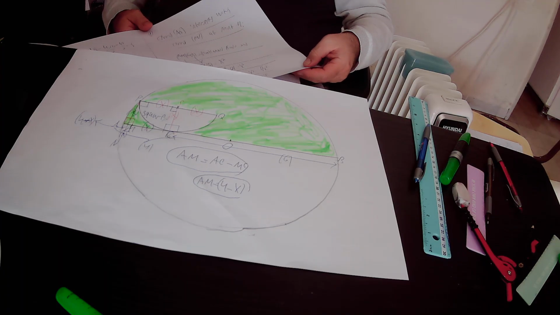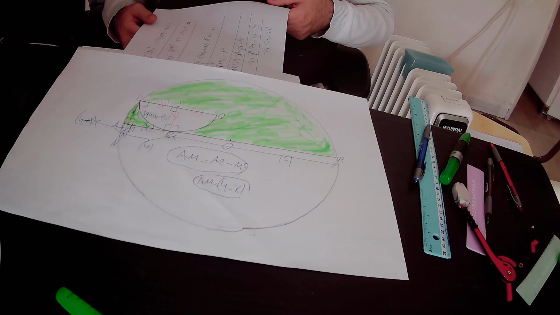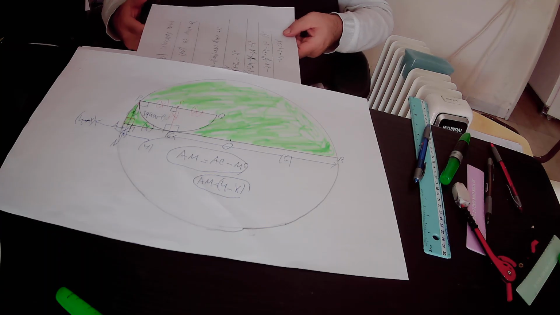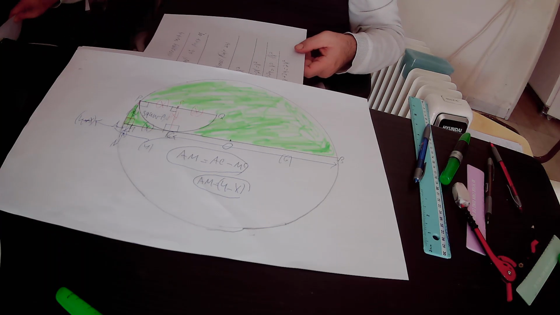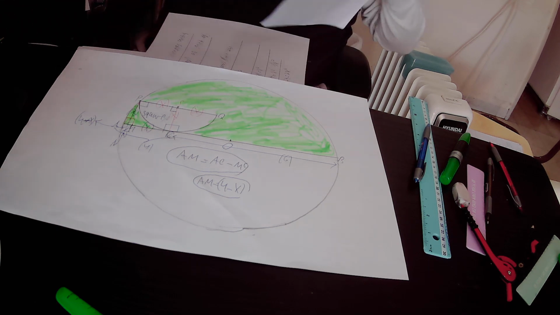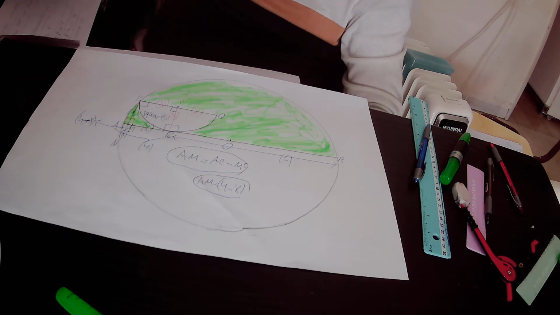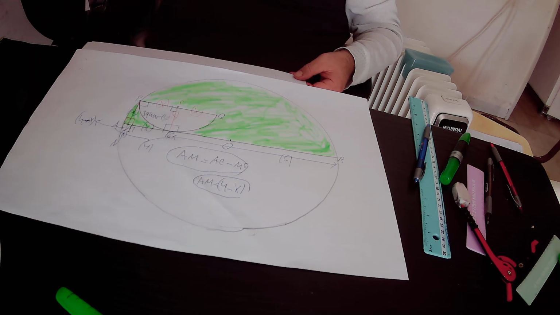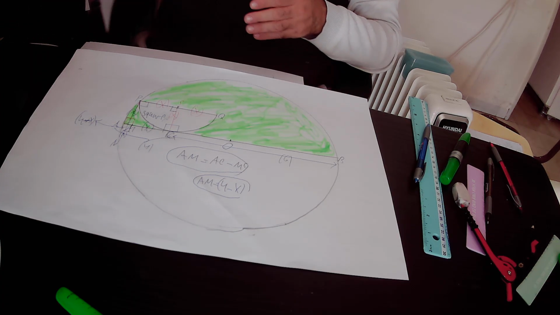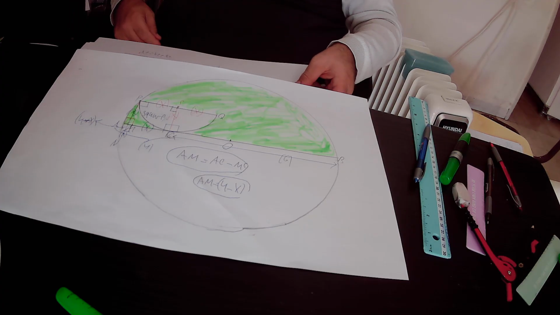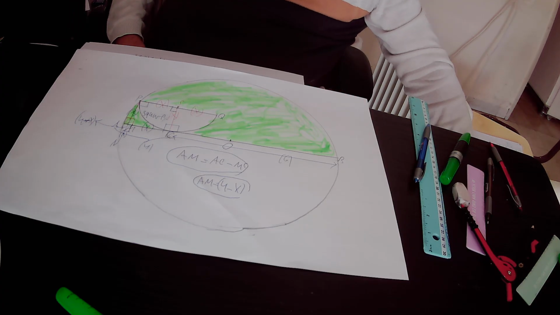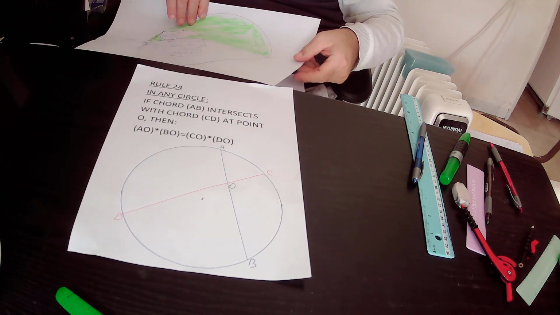So in the next step, we implemented rule 24 in our drawing. So I click quickly on rule 24. Rule 24 is drawn in any circle.